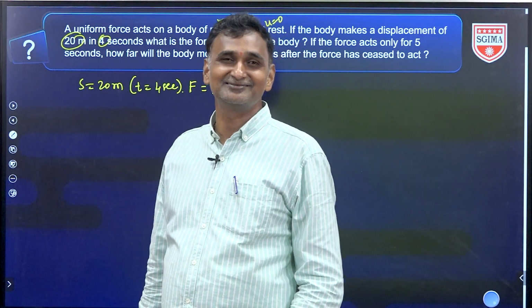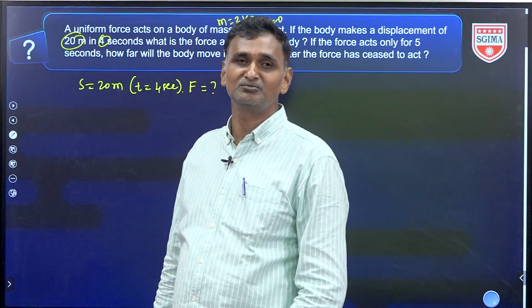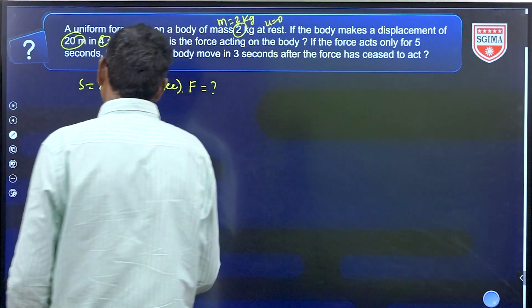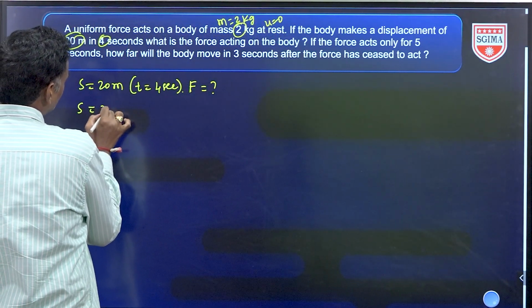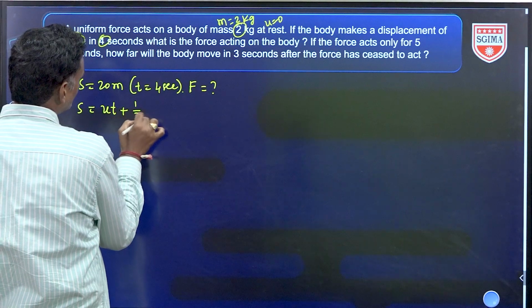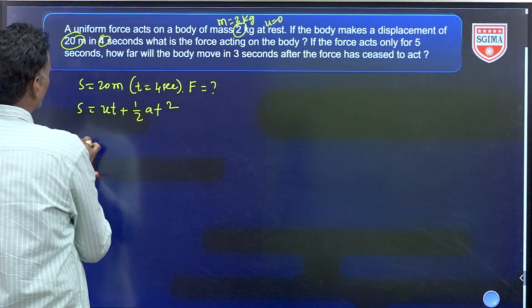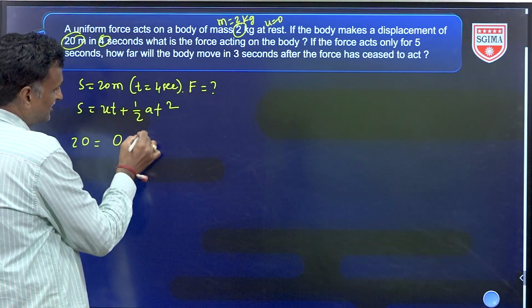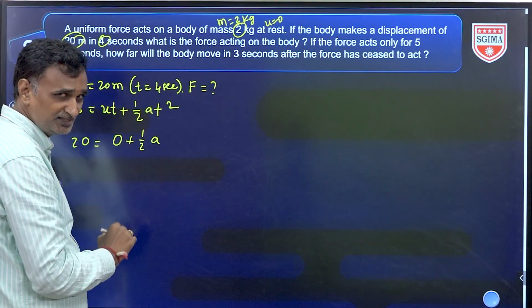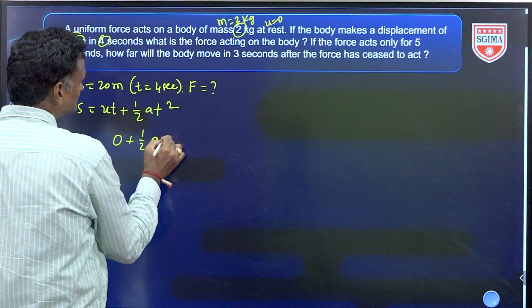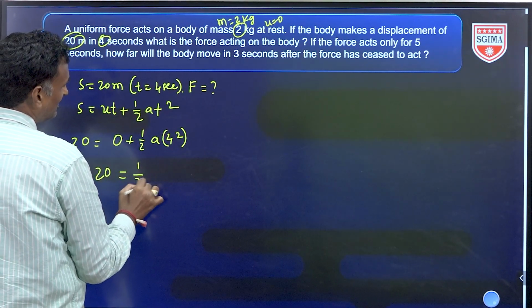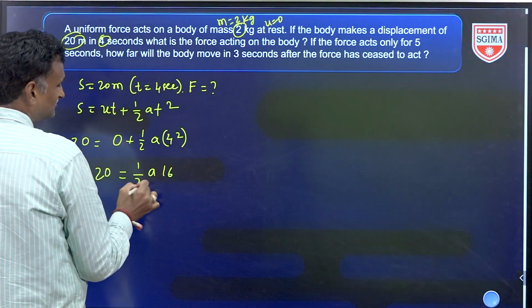S, time, acceleration, the related equation is the second equation of motion, S equal to ut plus half at square. So from this equation, S is given 20 meters, initial speed is 0, plus half acceleration is a, and time is 4, so 4 square. So here 20, half a 16, okay na?